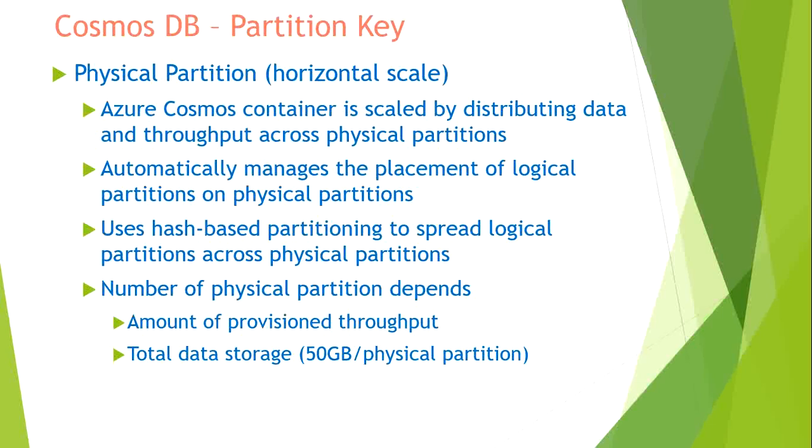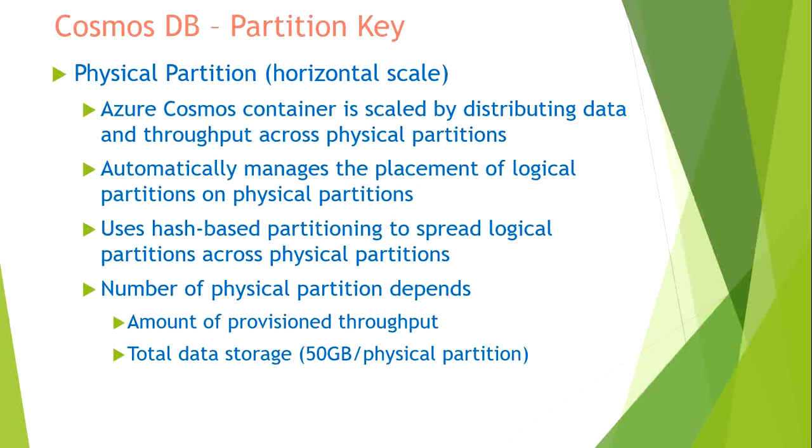Azure Cosmos DB takes care of the mapping of the logical partitions to the physical partitions using hash-based partitioning. The number of physical partitions completely depends on the amount of throughput that you have provisioned and the total storage.